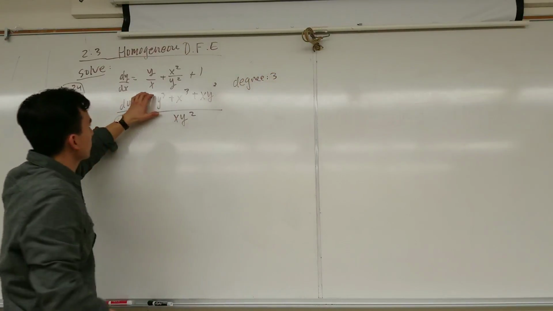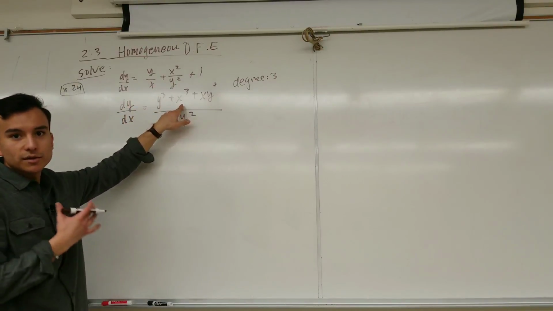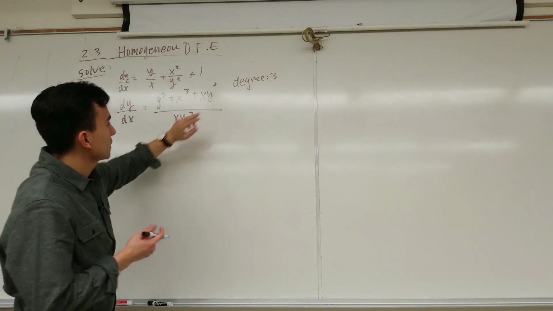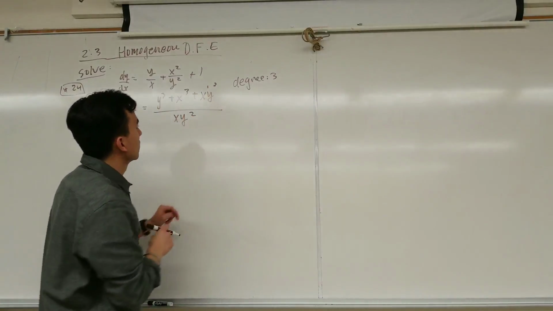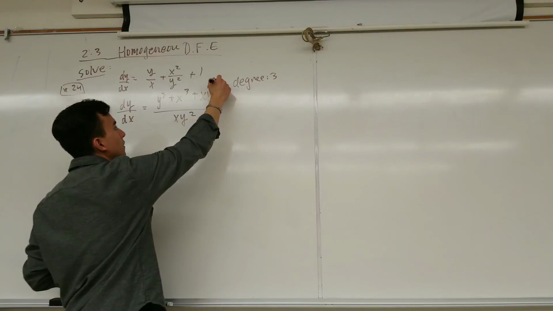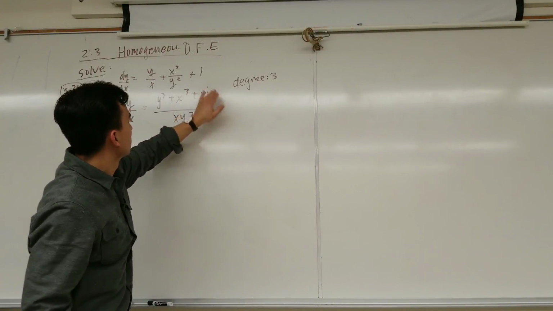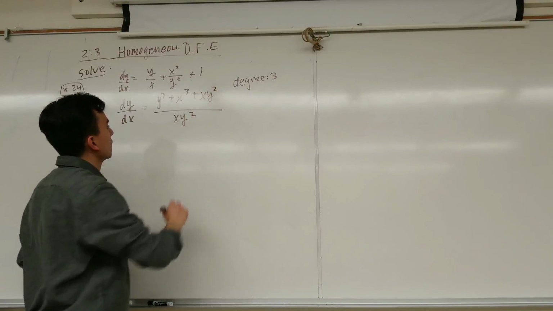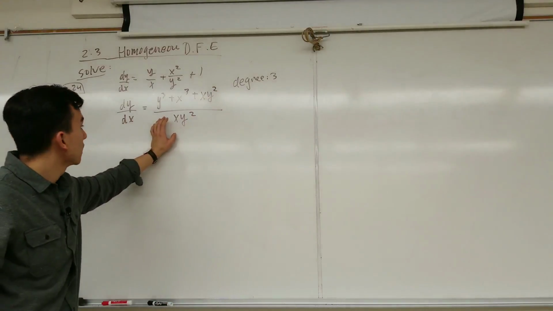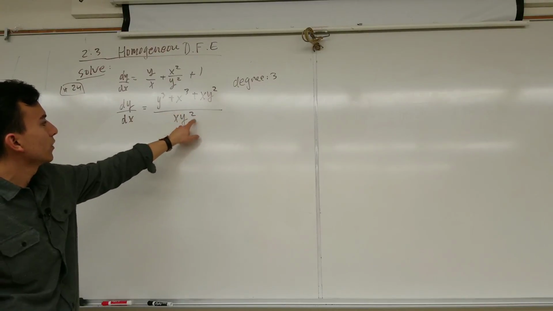And how are they degree 3? Well, this one's obvious. Y cubed is degree 3. X cubed is degree 3. X is degree 1 and y is degree 2, so 1 plus 2 equals 3. So this term is going to be 3. Great. And then we have x with degree 1 and y with degree 2.